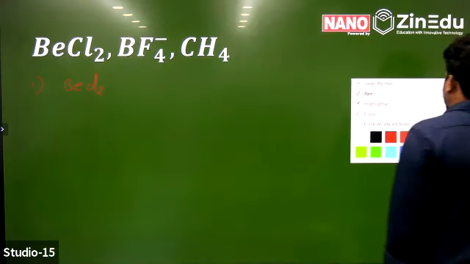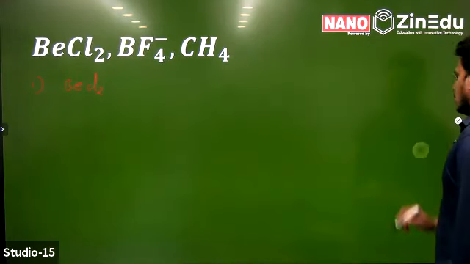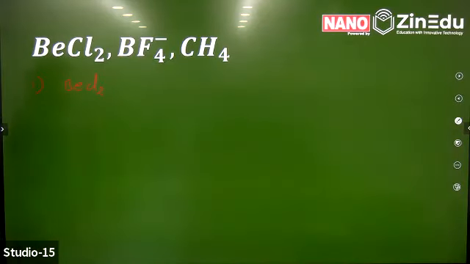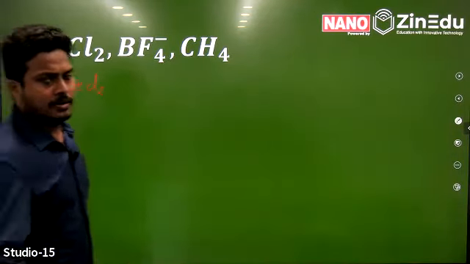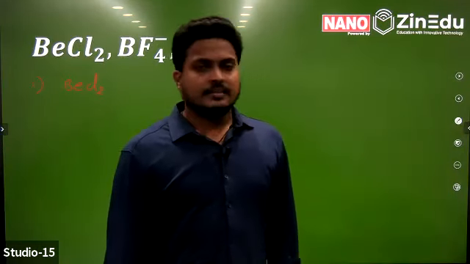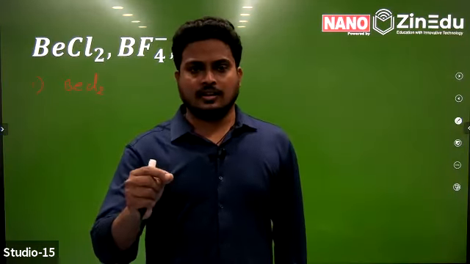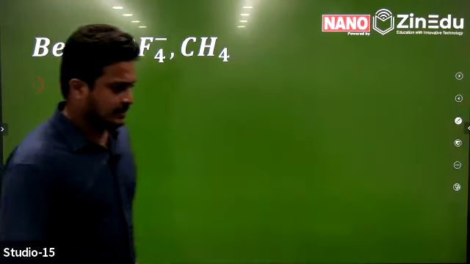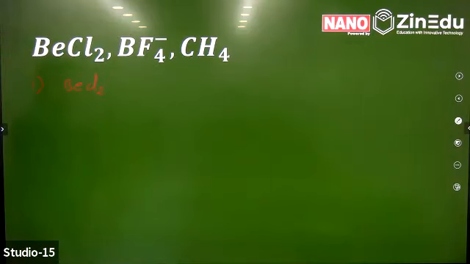What is the central atom in BeCl2? How can you identify it? What is the central atom in the given molecule? The central atom is Be. Yes, very good, that is beryllium. See, how can we identify it?